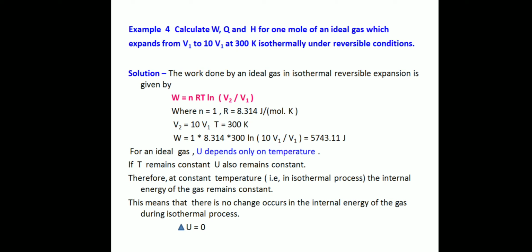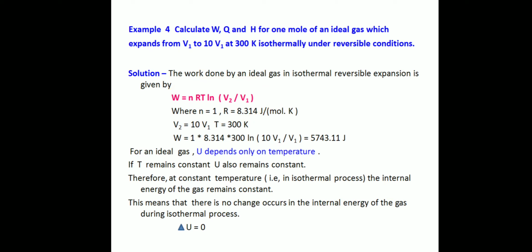So it is reversible isothermal expansion and the data is given in terms of volume. That is why we have to use the formula in terms of volume. In the previous example, the W calculation depends on the pressure. Now in this example, W is in terms of volume.